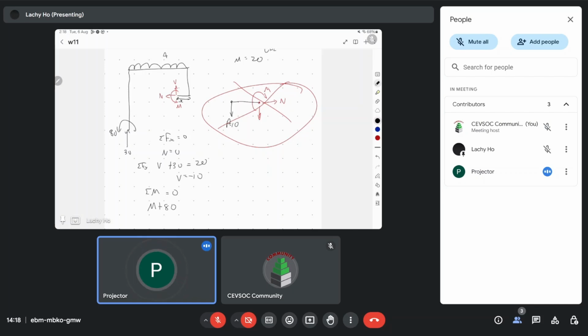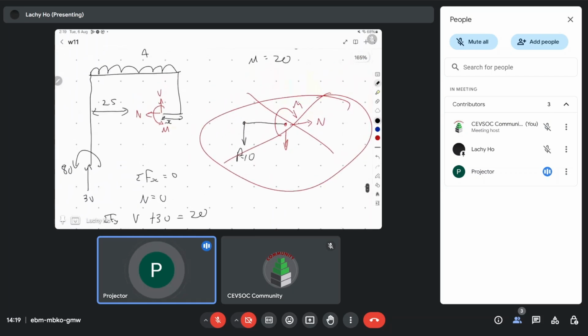And so the important part of this moment section is that the moment's at 2.5 meters away. However, the position of our moment is variable, right? It's this distance x here. So this distance here from the middle of our UDL to where we're trying to analyze is going to be 2.5 minus x.